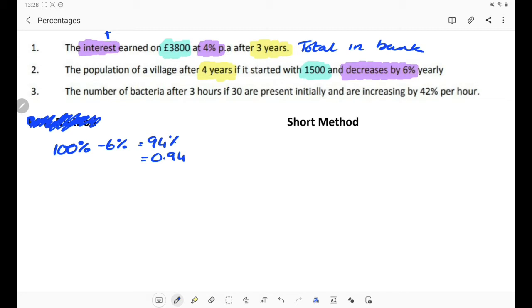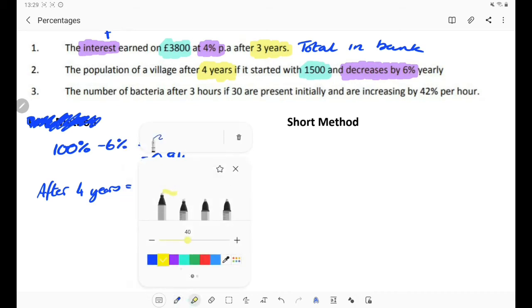We're then going to our calculation. And to be really clear, we understand, we're going to say after 4 years, the amount times the decimal to the power of 4.